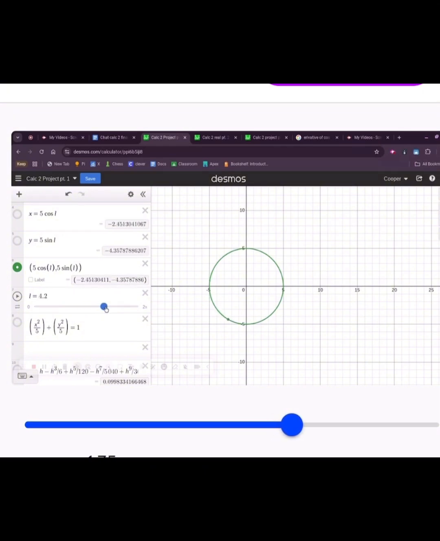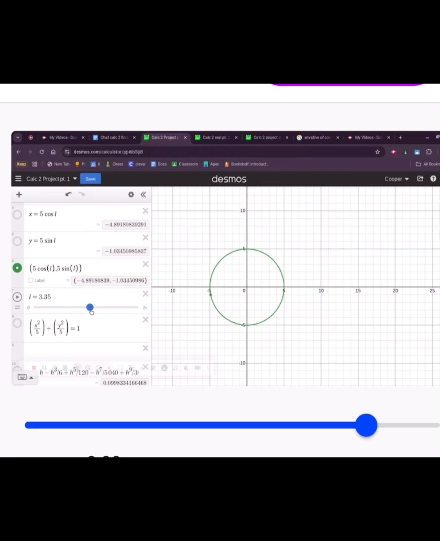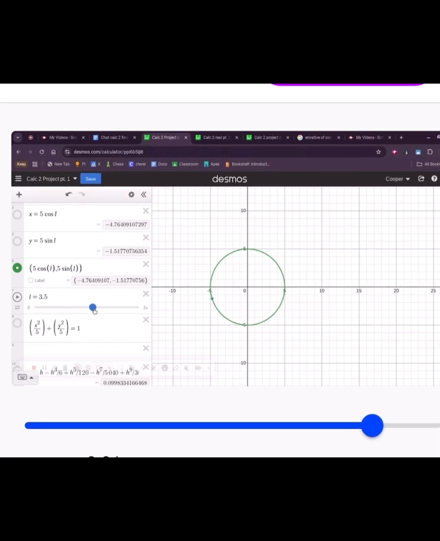At 4.07 seconds, it will be around -3, -4. And we can see it's moving counterclockwise. So that just shows the relationship between xy coordinates and a third variable, time.